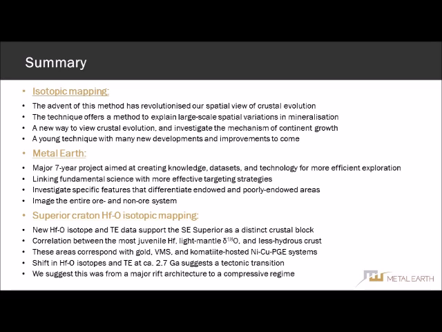And finally, just to summarize what we just looked at, the hafnium-oxygen isotopic mapping, the new data set that I just showed, I think it shows that the Southeast Superior is potentially a distinct crustal block with a history of being broken up by a juvenile magmatic event, which is essentially the Abitibi event in the Neo-Archean.